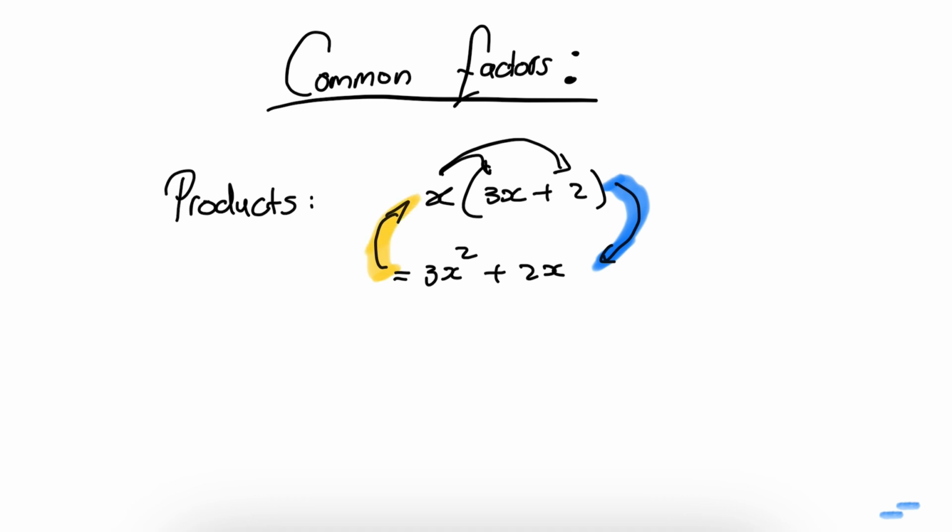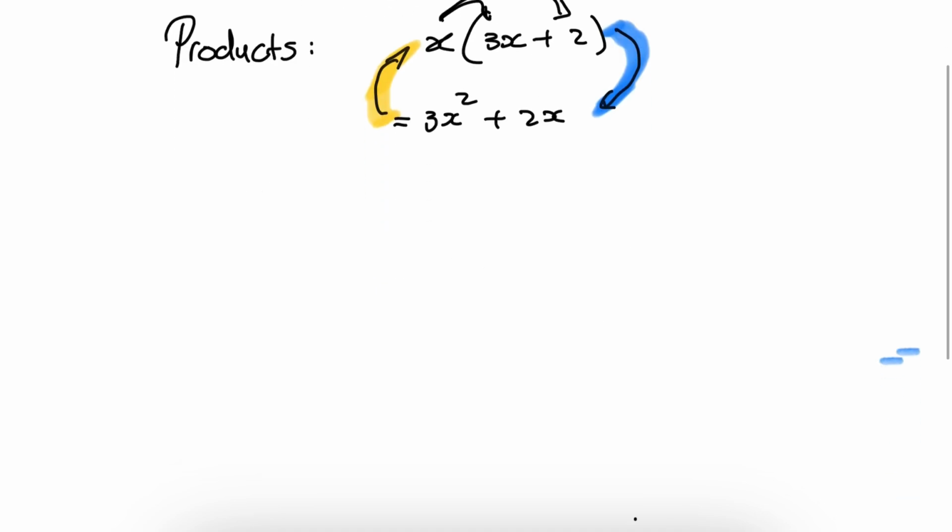Right. So let's try another example. So let's say in this case, I am left with 3x to the power of 4a plus 7x to the power of 2b. Clearly we can see that both of these share two x's.